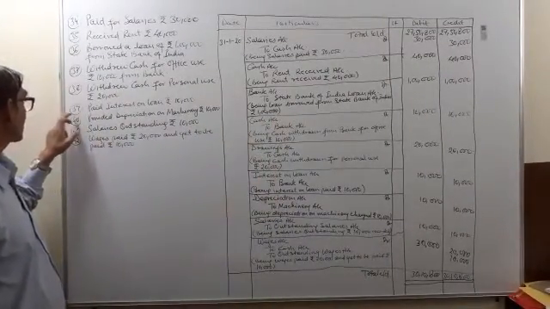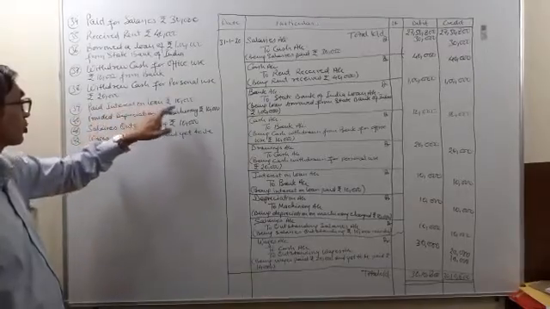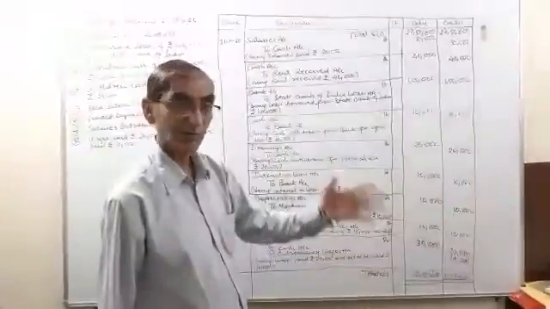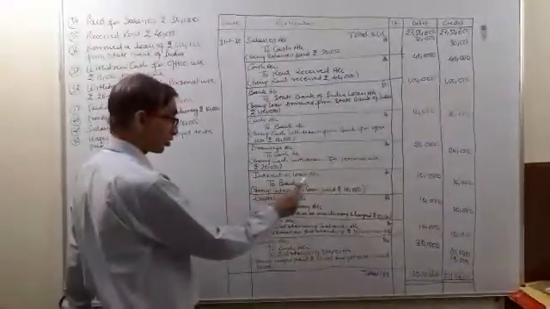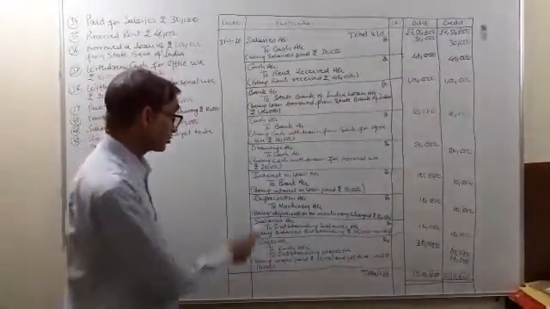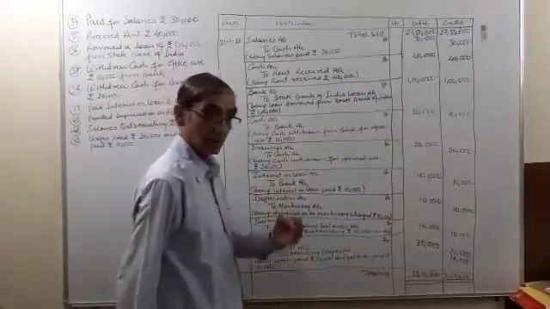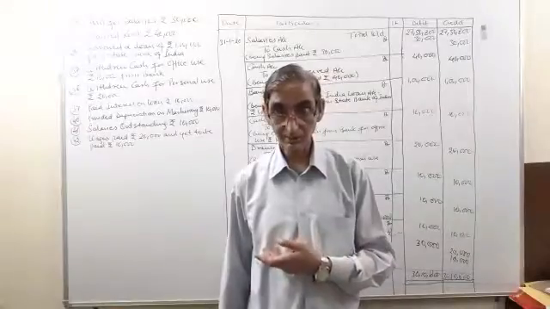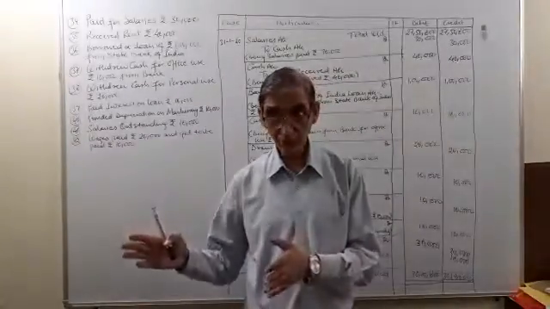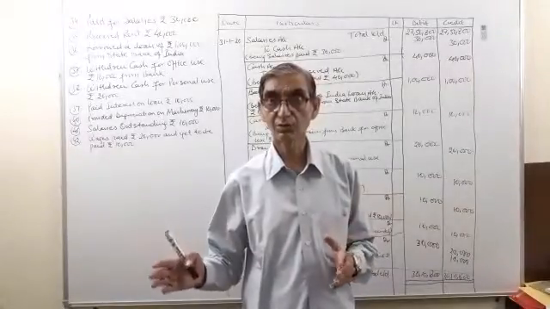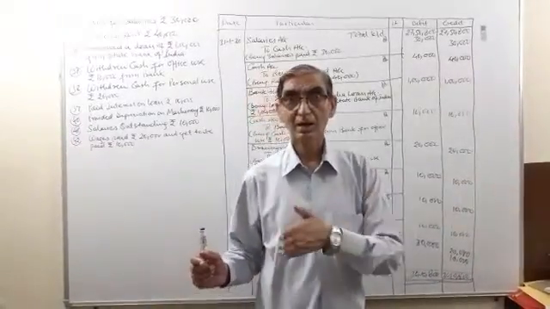Then next transaction, paid interest on loan, rupees 10,000. Interest on loan is again an expense of the firm. So interest on loan account will be debited, all the expenses are debited. Now in such case, what will the bank do? The bank will automatically deduct the amount of interest from our bank account.